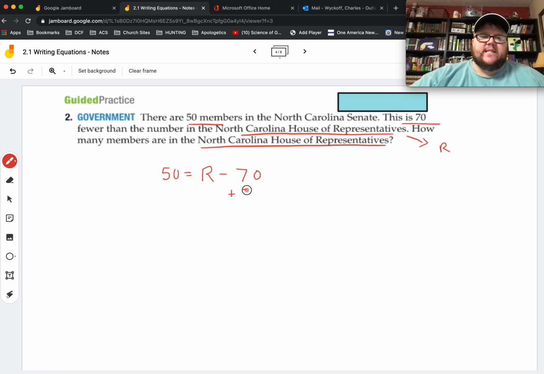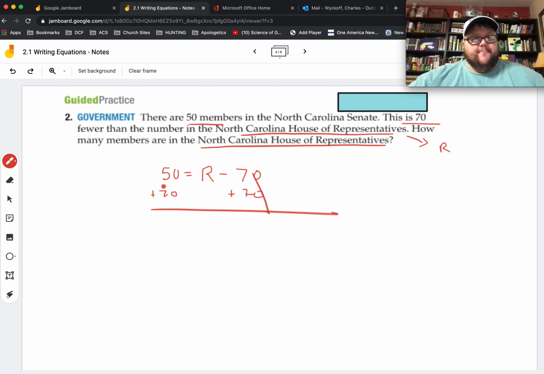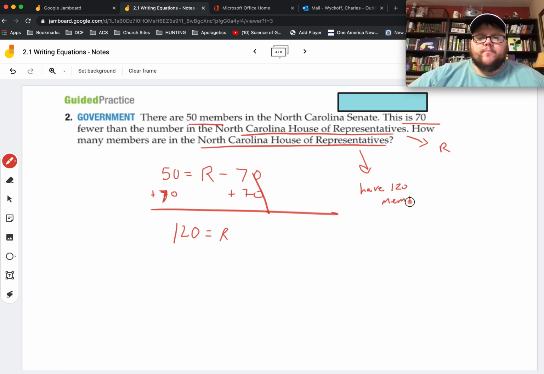Well, now I'm going to add 70 to both sides. 70 plus 50 equals 120 equals R. So the North Carolina House of Representatives has 120 members. That's our answer.